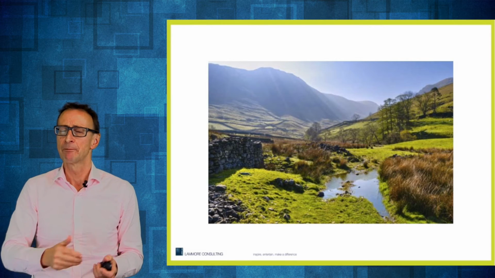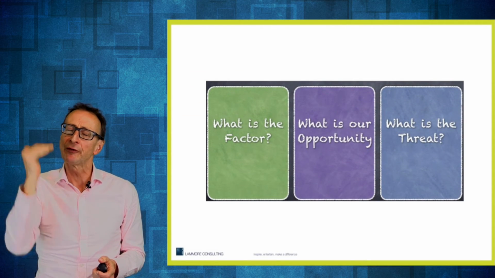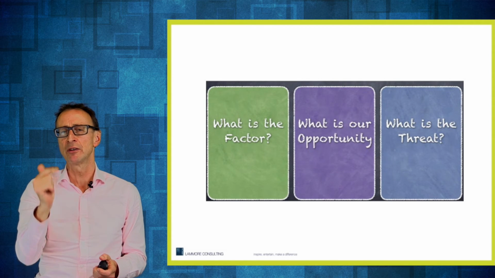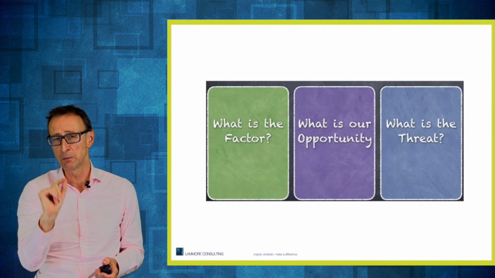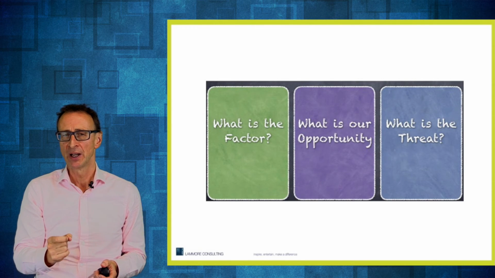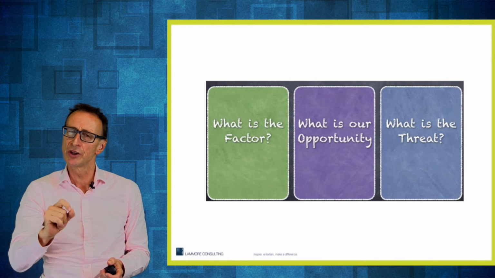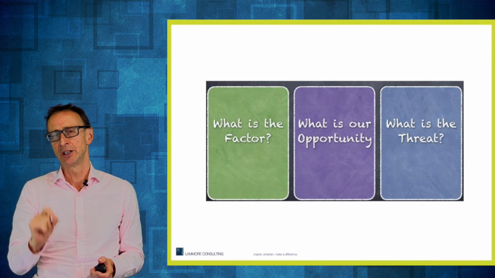So once you've done that, list all of your PESTLEs. Think about the factors specifically relevant to your business or to the markets that you work in or would like to work in. And then think about what is your specific opportunity, but also what are the specific threats that you need to be aware of.